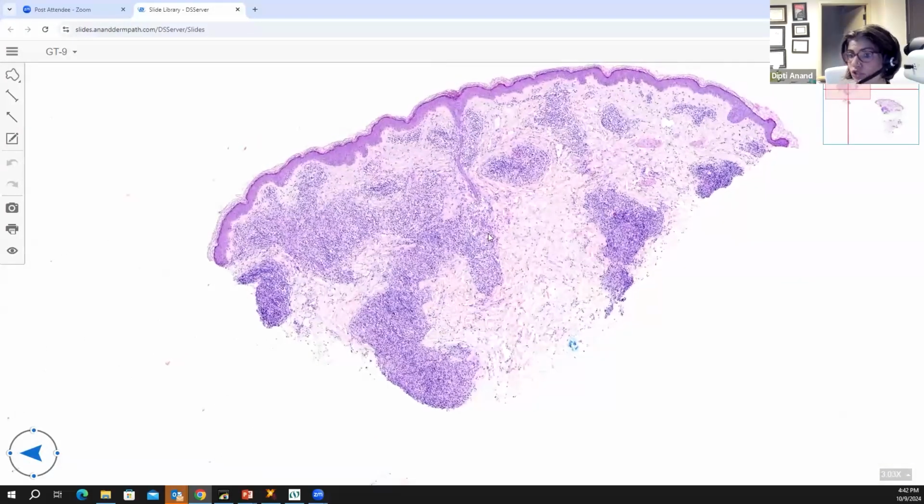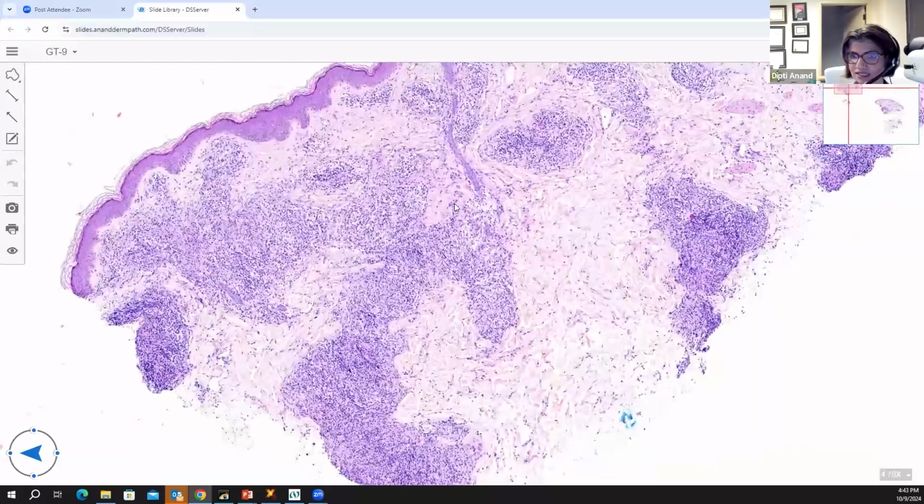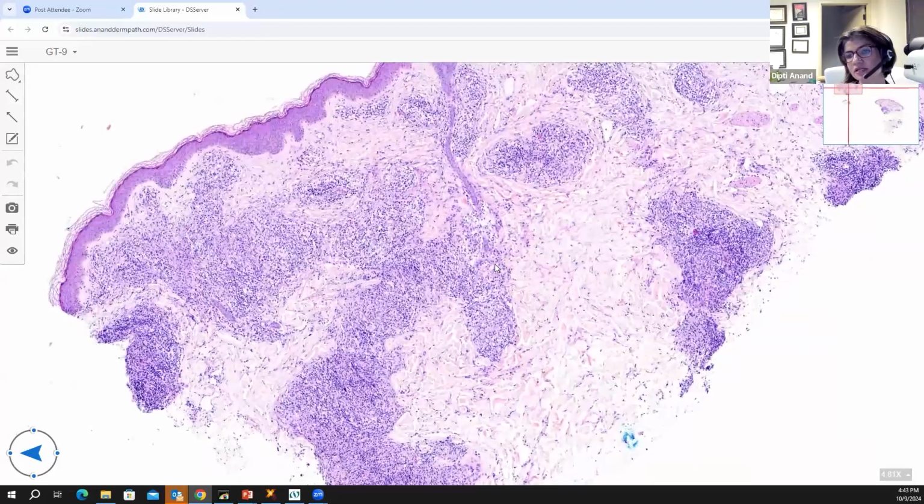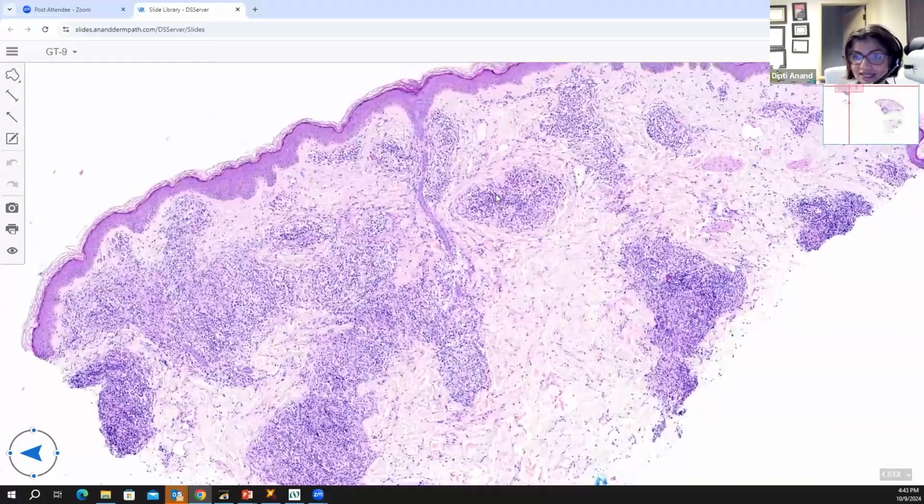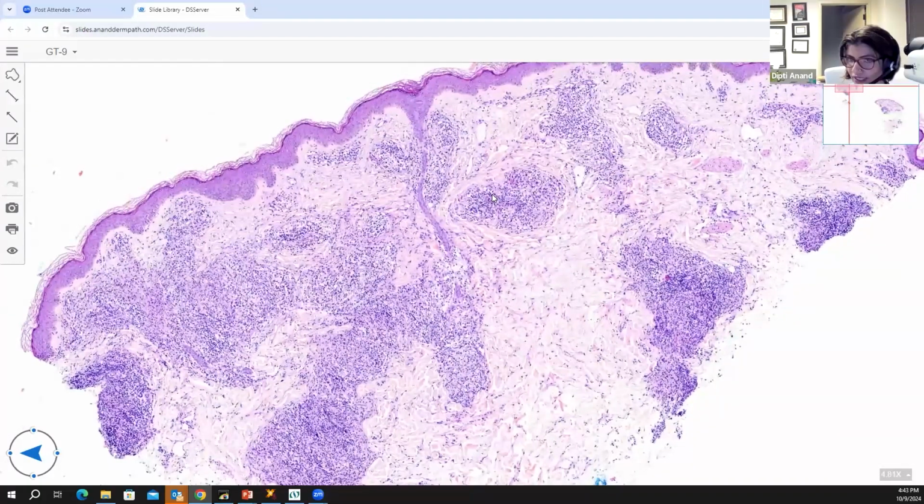When I see this without the neutrophils, the two diseases that I think about are also infectious, but they're very different from the other infections we're going to talk about. It's tuberculoid leprosy and syphilis. So in tuberculoid leprosy, classically, this is from a patient with tuberculoid leprosy, you will see perineural inflammation. You do not see it in this particular slide, but that can be a good clue. In tuberculoid leprosy, the body has extremely good immunity.